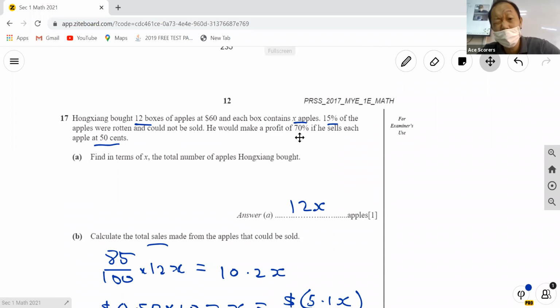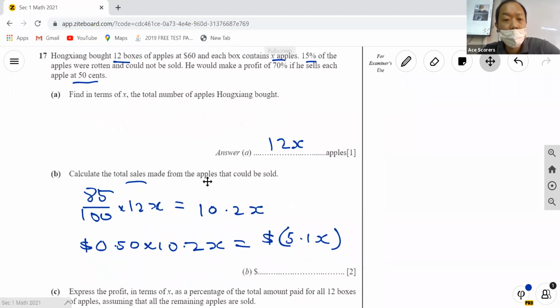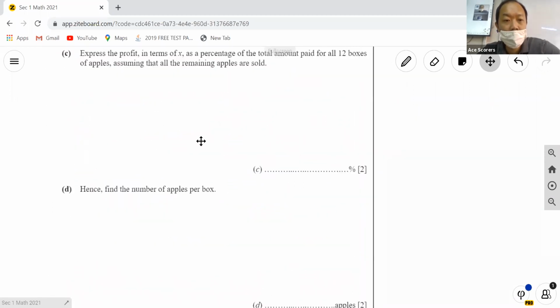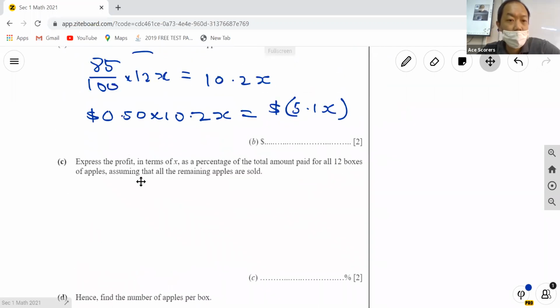Make a profit of 70%. What's the meaning of a profit of 70%?